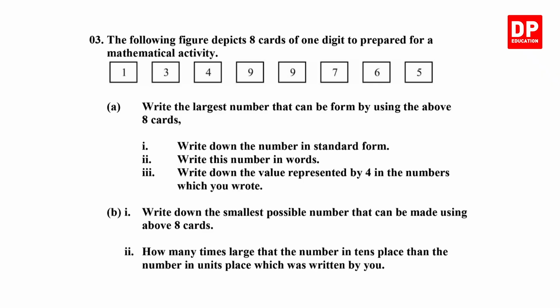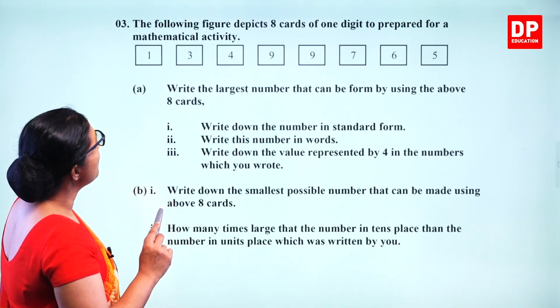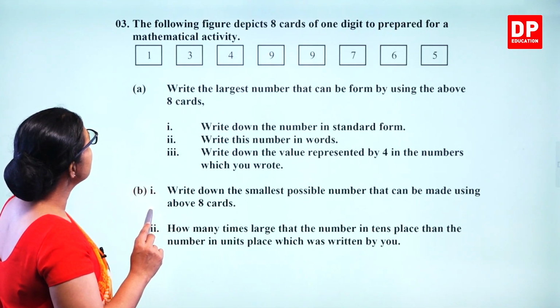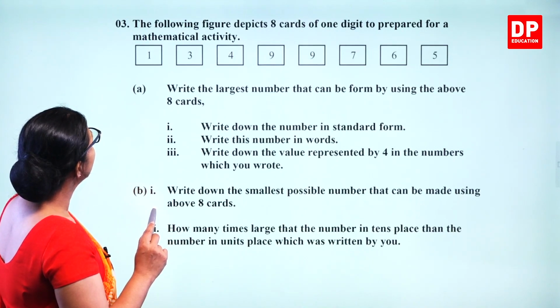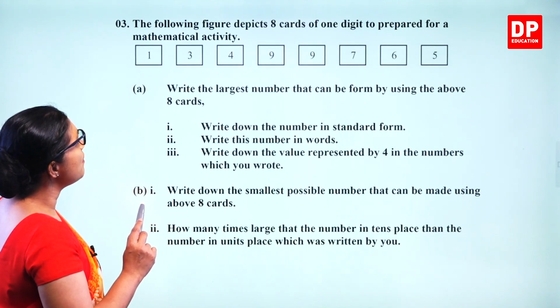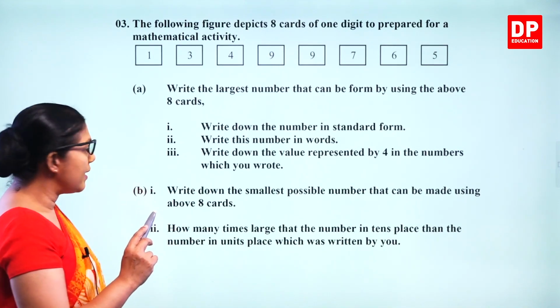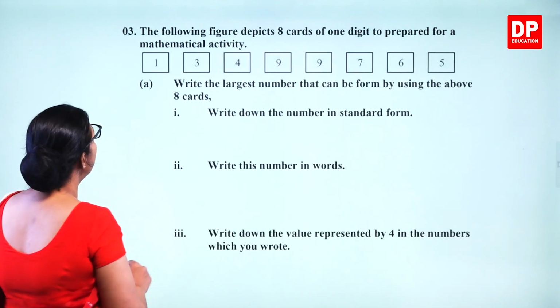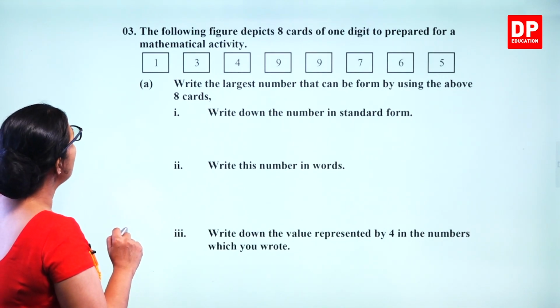Let's take question number 3. The following figure depicts 8 cards of 1 digit to prepare for a mathematical activity. Write the largest number that can be formed by using the above 8 cards. So let's do this separately. 2 parts are there. So what's the largest number that can be formed by using the above 8 cards?